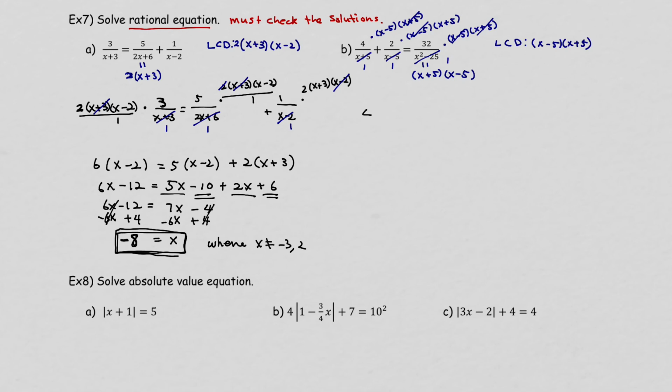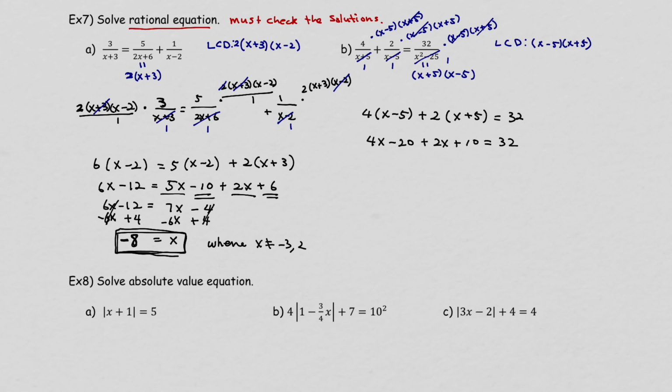What's left over? I have 4 times x minus 5, 2 times x plus 5, equals 32. Get rid of parentheses by distributing. You get 4x minus 20 plus 2x plus 10 equals 32. Looks like this is going to be a linear equation.